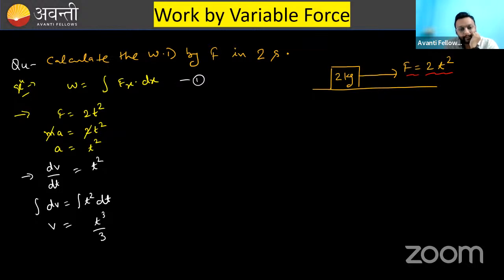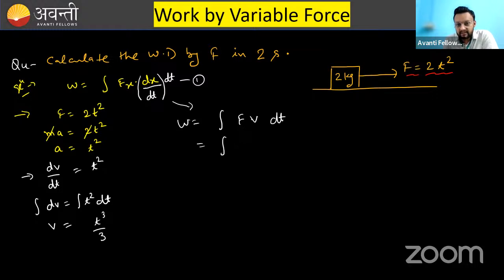Now, I am going to transform the first equation. If I divide by dt and multiply by dt, there will be no change in the equation. But this dx over dt will become velocity. So work done is equal to the integral of F times dx over dt, which is v, times dt.